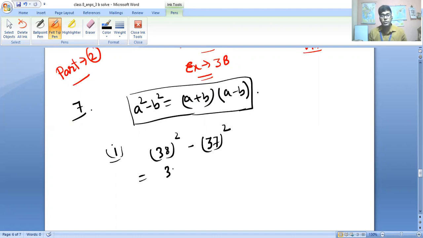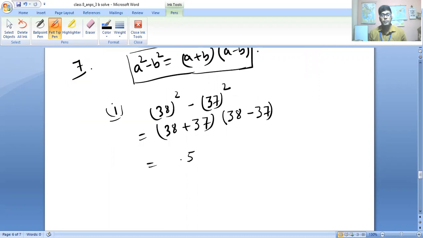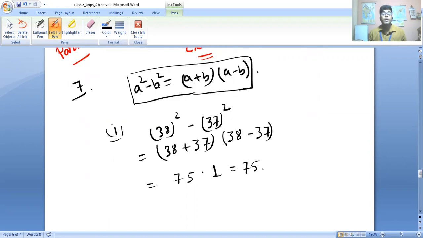So a plus b, a minus b, into this becomes 1. So the answer is 75. Very easy. We're just going to make use of this formula: a square minus b square is equal to a plus b whole into a minus b.